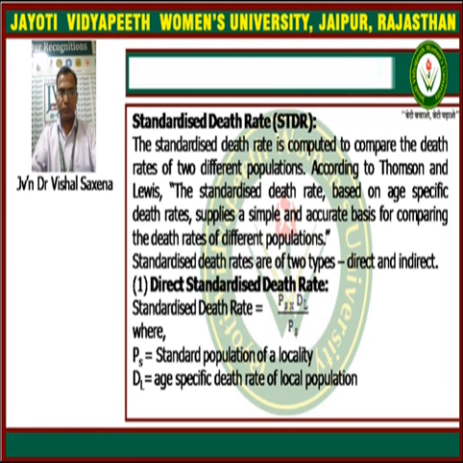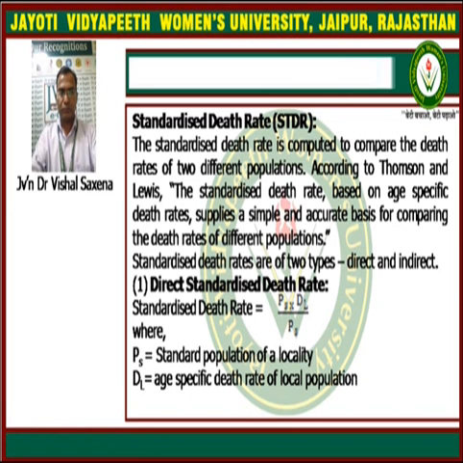So these are the two different types of the standardized death rate, and we can understand this as standardized death rate is equal to PS into DL upon PS. So this is a mathematical formula by which we can calculate the standardized death rate, and this is also known as the direct standardized death rate. So here what is PS and what is DL?